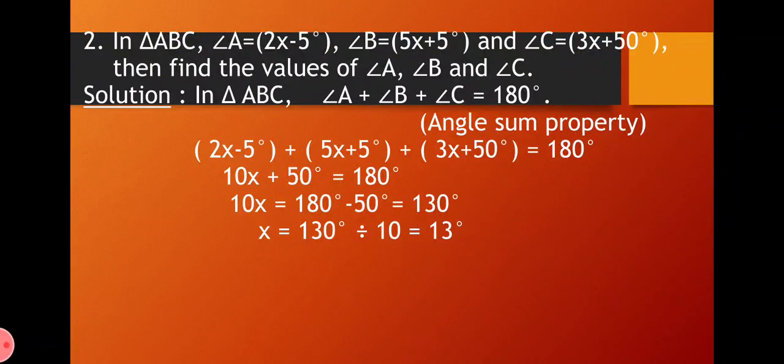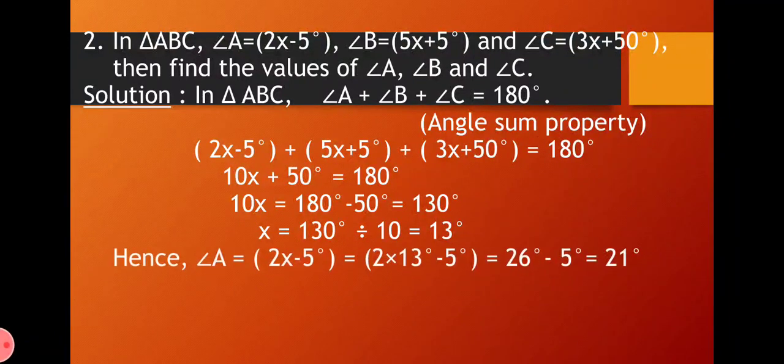Now using the value of x, we will find the value of angle A, angle B and angle C. Hence angle A, which is given as 2x minus 5 degree, equals 2 into 13 degree minus 5 degree, that is equal to 26 degree minus 5 degree, that is equal to 21 degree.